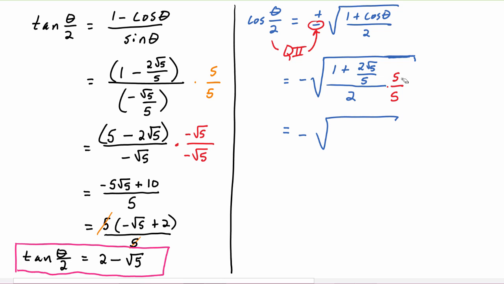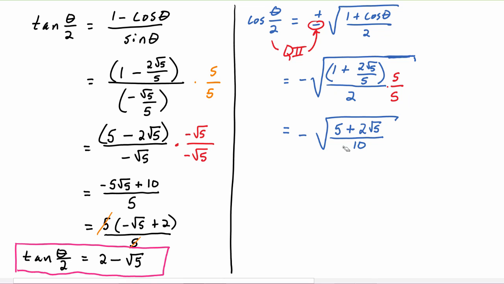We have to take this 5 times the numerator here. So 5 times 1 is equal to 5 plus 5 times 2 radical 5 over 5. Those 5's will cancel, and we have 2 radical 5. In the denominator, we have 2 times 5, which is 10.